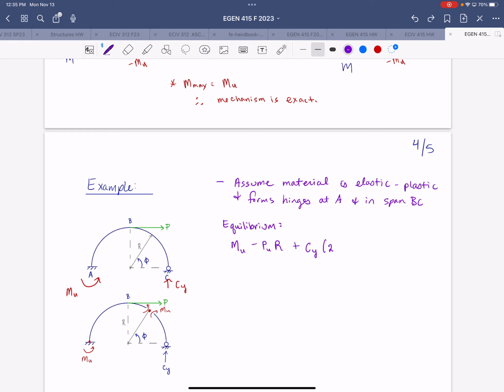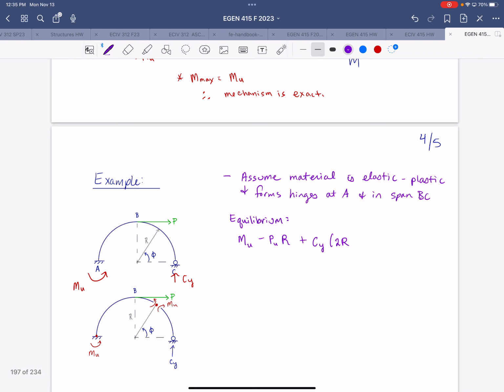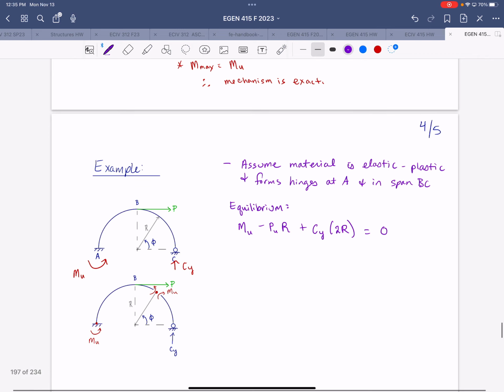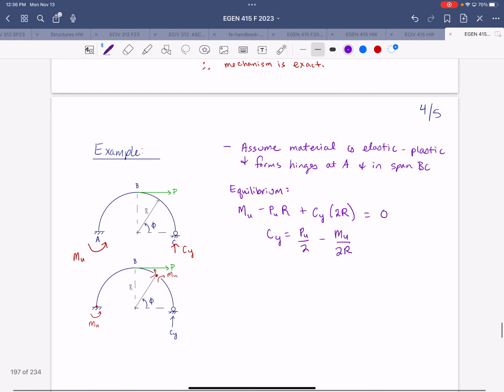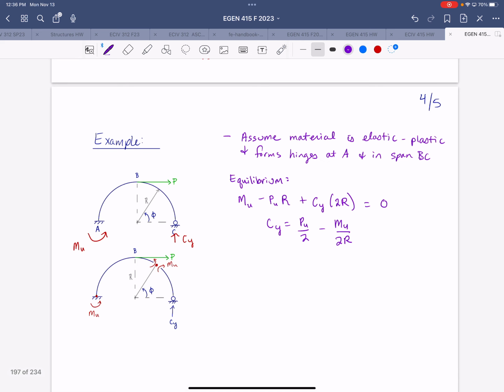I'm summing moments about A. That's equal to 0. So Cy is equal to Pu over 2 minus Mu over 2R. That was just looking at the entire structure, assuming Mu over here at A.